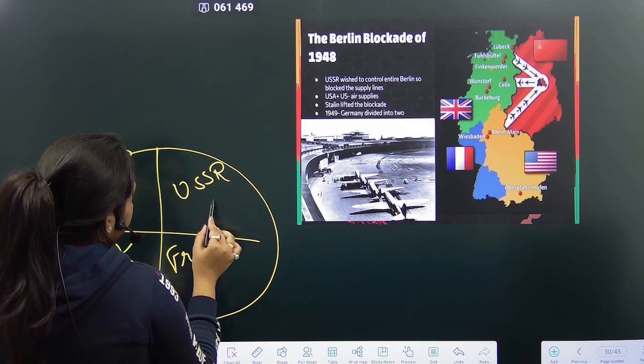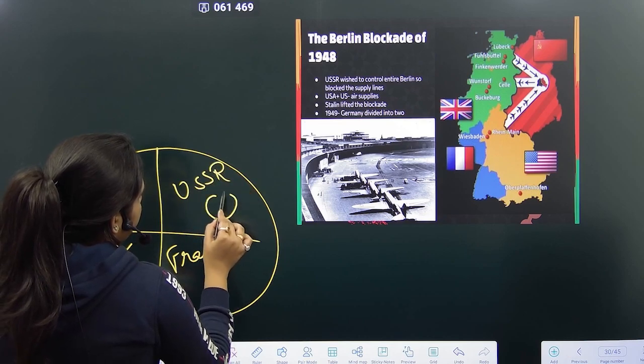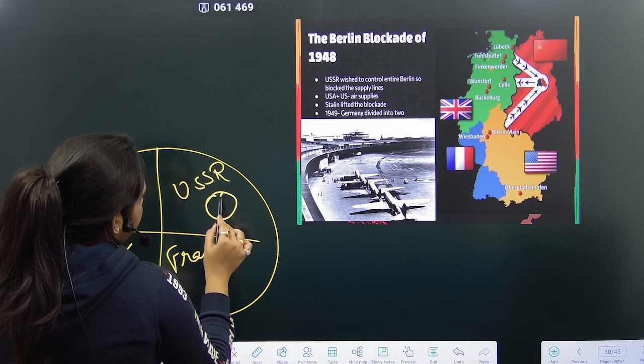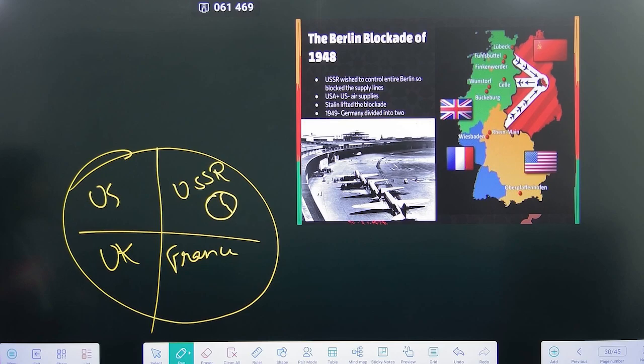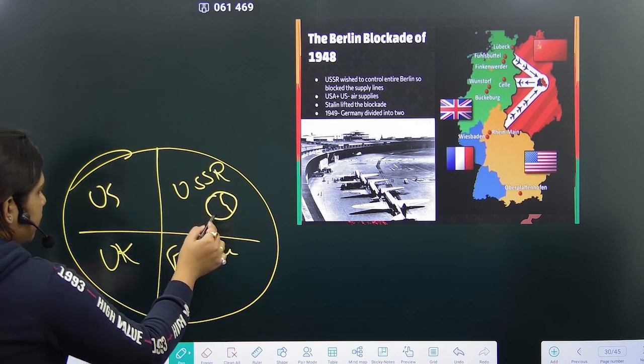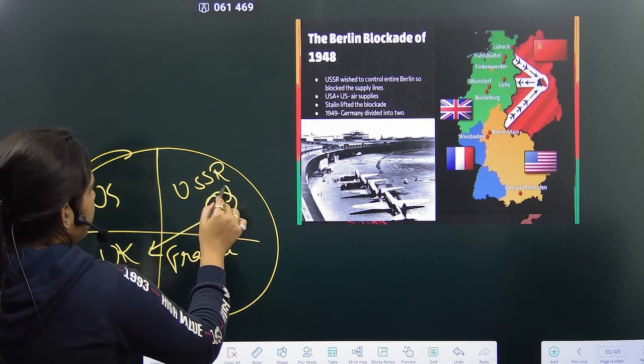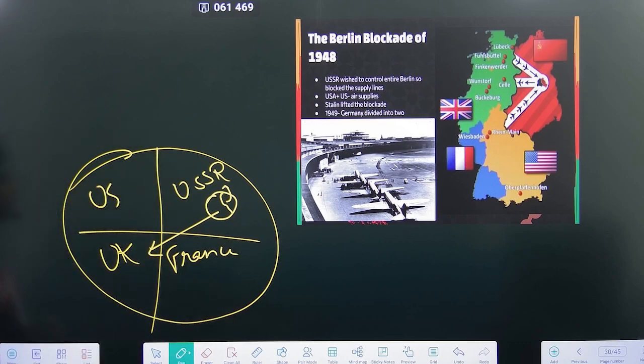In this zone itself, we had Berlin. Berlin was also divided into these parts, where West Berlin was for these parts and East Berlin was supposed to belong to USSR. Because it was the capital, we had to do the same division with the capital itself.